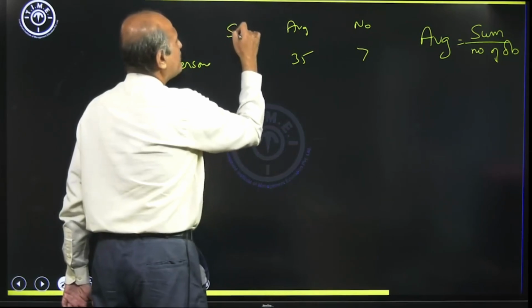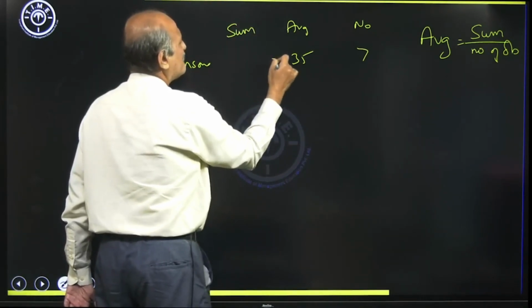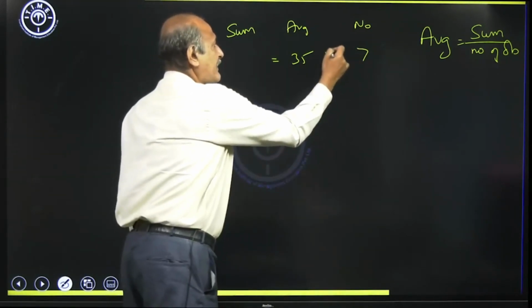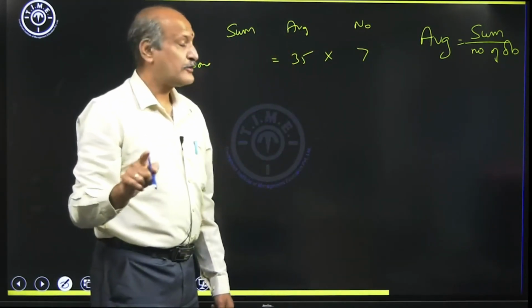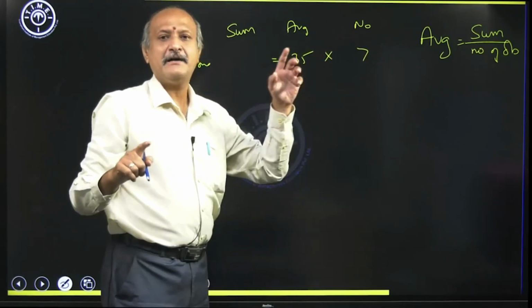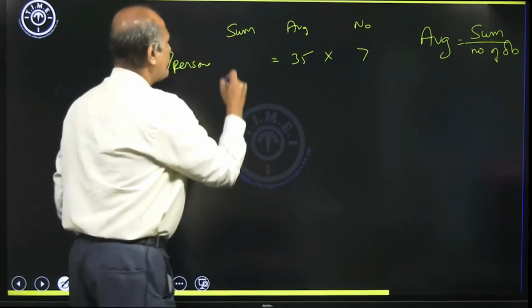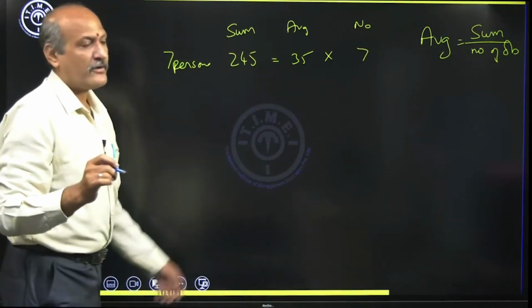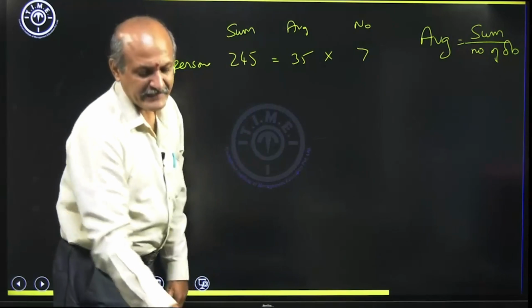So the sum of the scores is 35 into 7. Let's multiply. 30 into 7 is 210, and 5 into 7 is 35. So we get 245. That is the sum of the scores of those 7 people.